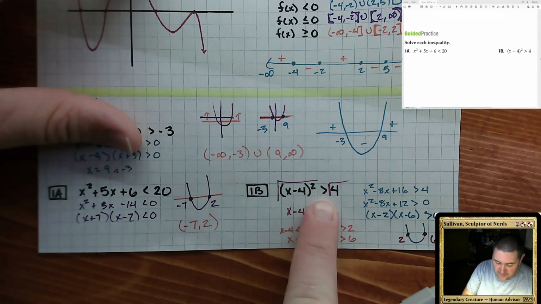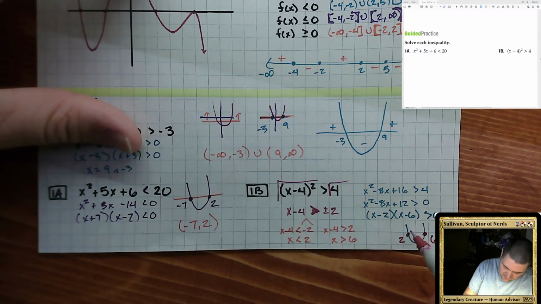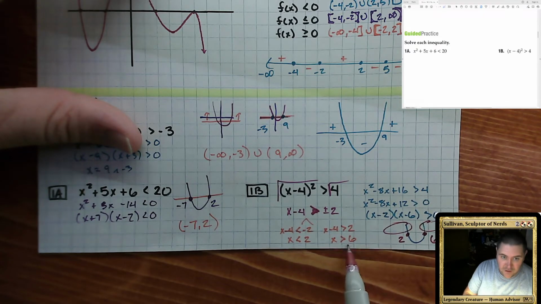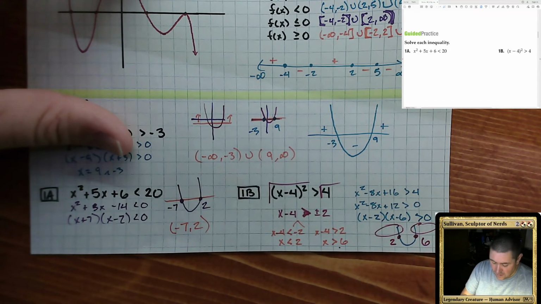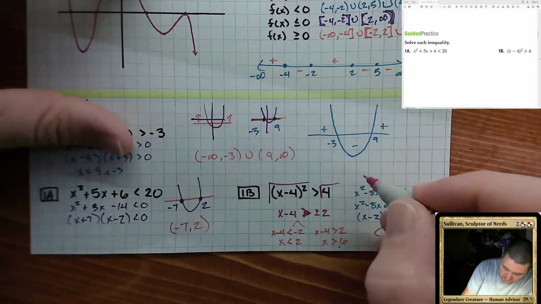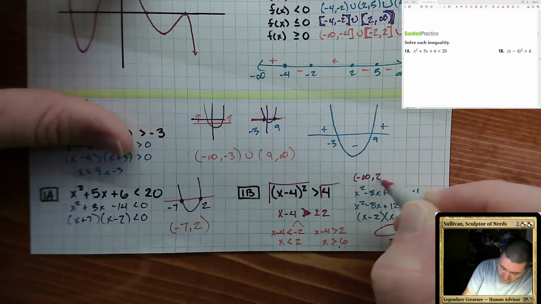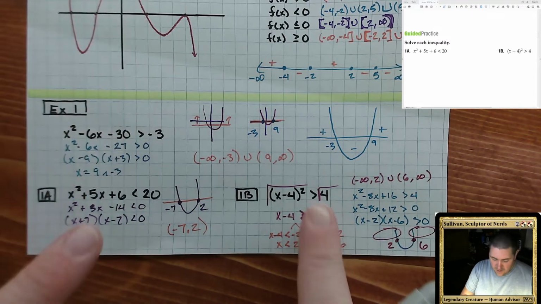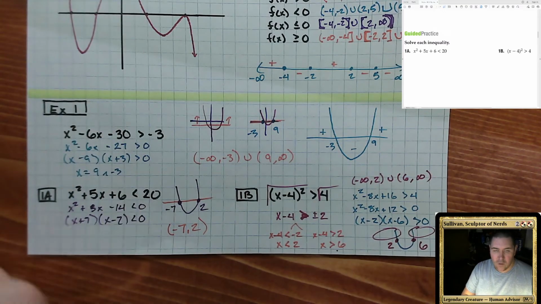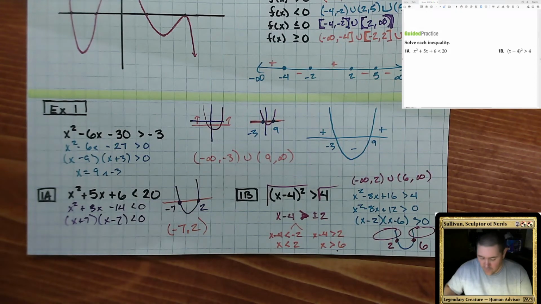This is asking where it's greater than. Well, before 2 and after 6, which is exactly what we had this way. So you can bring back some of those old algebraic concepts. Either way, negative infinity to 2, union 6 to infinity. And again, watch your inequalities as to whether those are going to be parentheses or brackets.